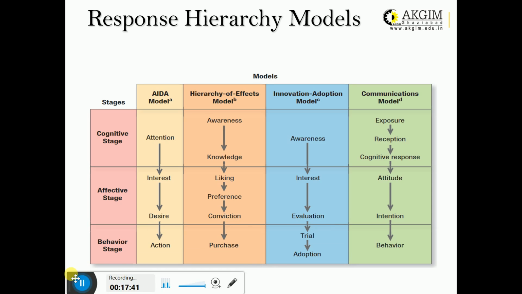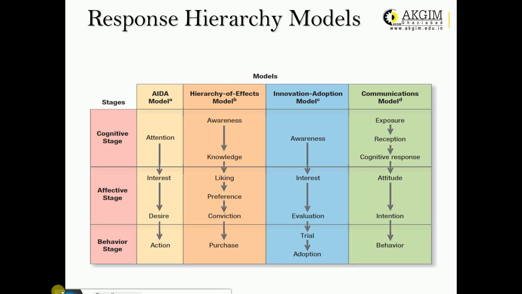So the last model is the communication model. It again consists of these 6 different stages, starting from exposure to reception, then cognitive response, attitude, intention, behavior. So in this model, the very first stage falls under the cognitive process that the consumer undergoes.